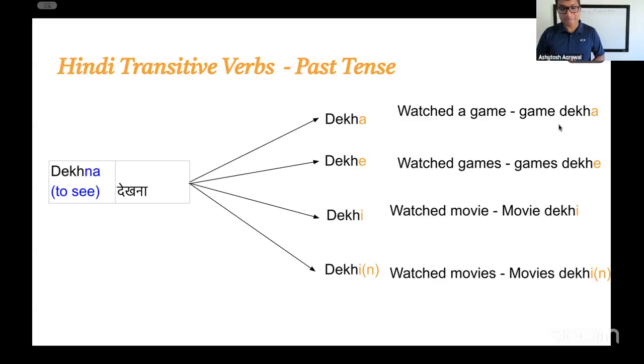Actor dekha. Beautiful. Now you watched not just one but multiple games. You remove the na and you put e at the end. So it becomes games dekhe. Give more examples. Think of something which could be masculine plural.